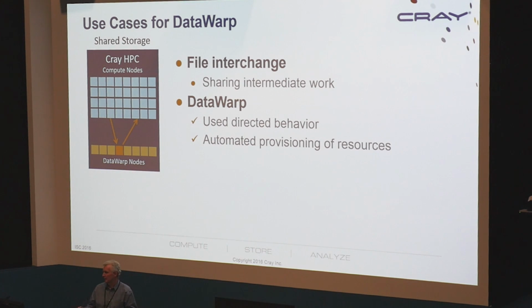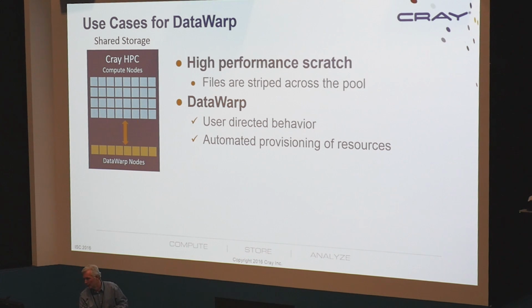You can use it as a sharing area, where one compute node writes the information to it, then another compute node can read the information from it. Or you can use it as a performance scratch area, where you take a group of DataWarp nodes, create a stripe group of it, and the compute node jobs all read and write from that scratch area.